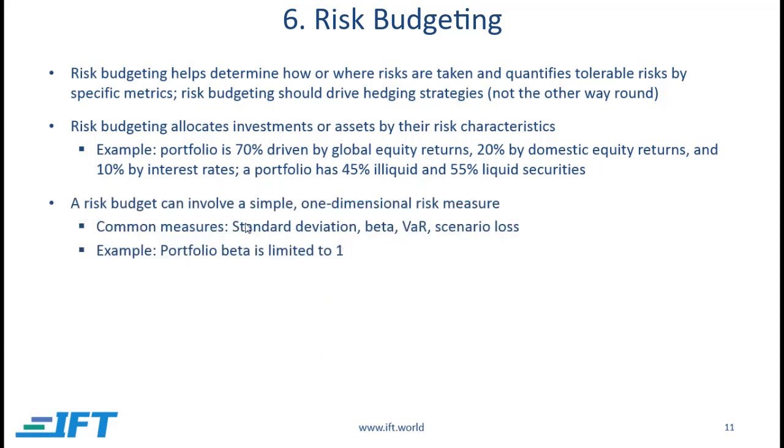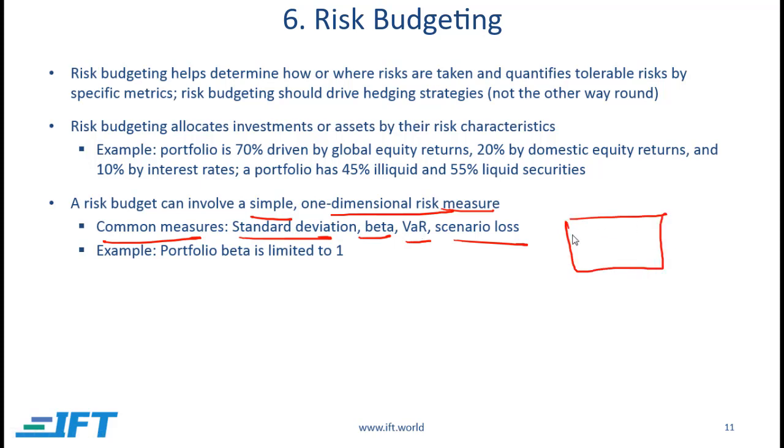A risk budget can involve a simple one-dimensional risk measure, or it can be multi-dimensional, which we will talk about in a few minutes. But here are some of the common measures: standard deviation, beta, value at risk, and scenario loss. We've seen these terms before. Standard deviation is the measure of how asset returns might vary.